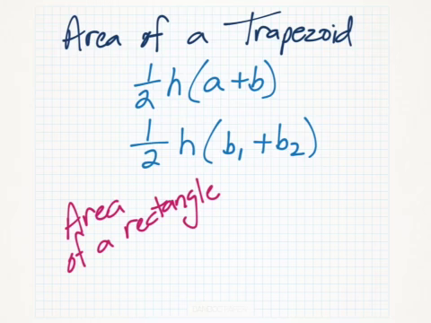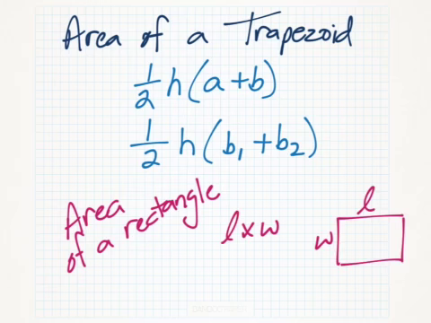Now before we discuss the area of a trapezoid, let's look at the area of a rectangle. The area of a rectangle is length times width. In terms of our trapezoid, we could really replace the length with base 1 and base 2, and the width with the height, which would be right here in our formula.